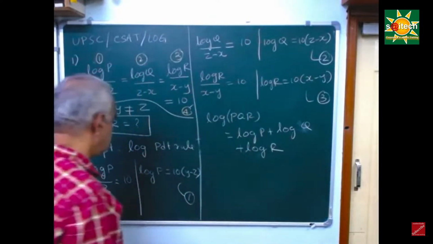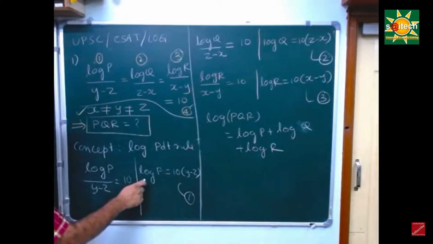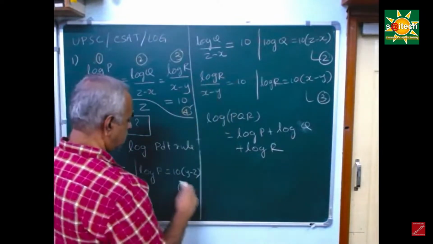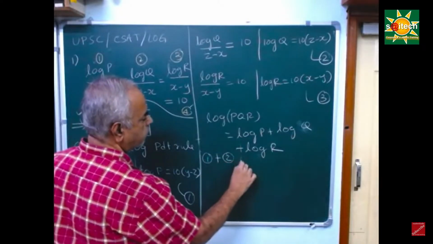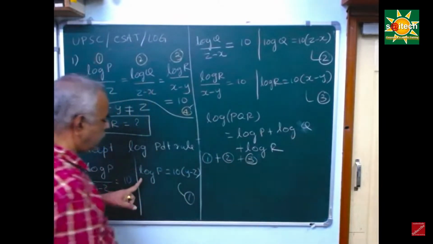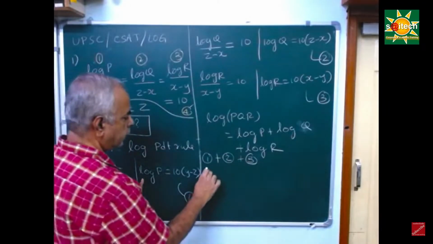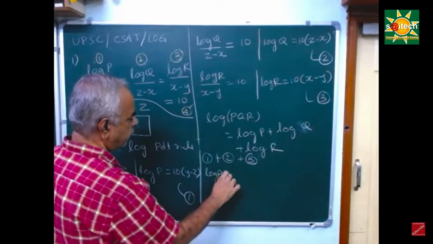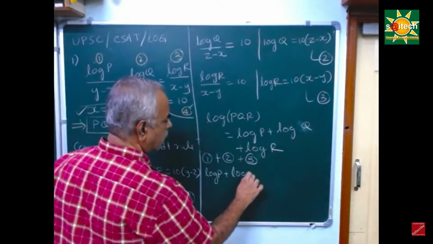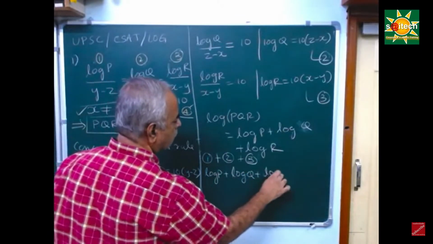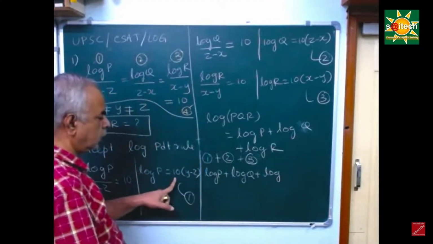So you can add equation 1, 2 and 3. Take the respective LHS: log P, log Q, then log R. Now you can take the RHS.